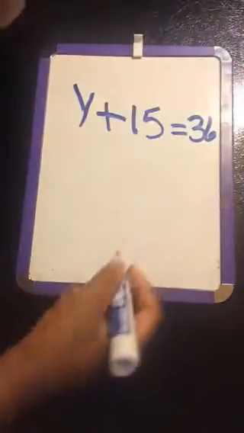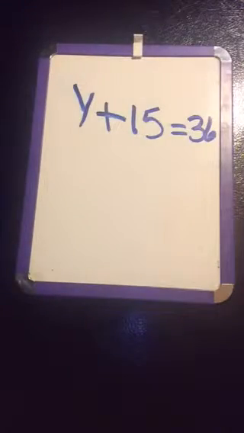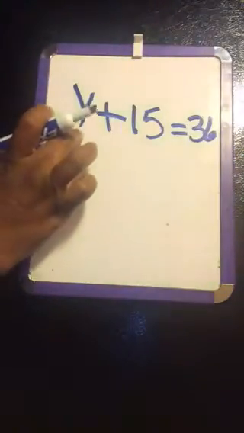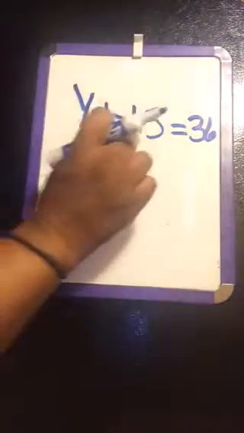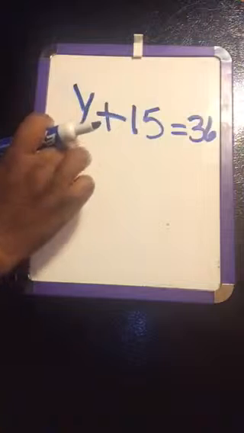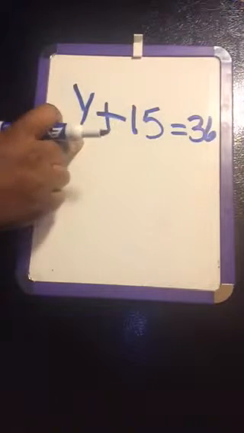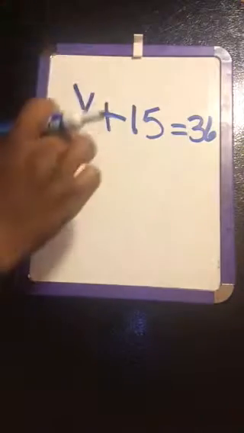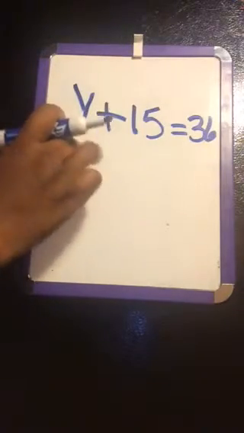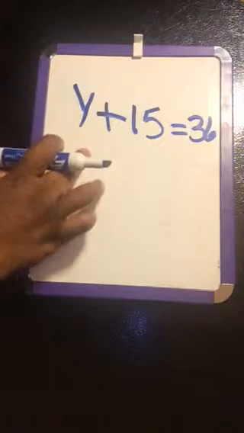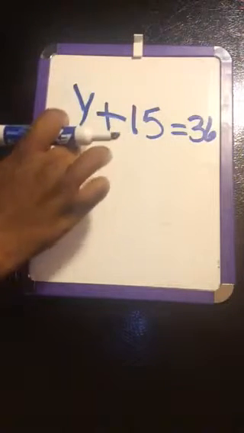So what we're going to do first is try to get all the numbers on one side. We have to keep all the variables on one side. In order to solve for y, because that's the whole thing about algebra. You have to solve for the variable, and that's the only way you're going to get the solution, is by trying to solve for y.